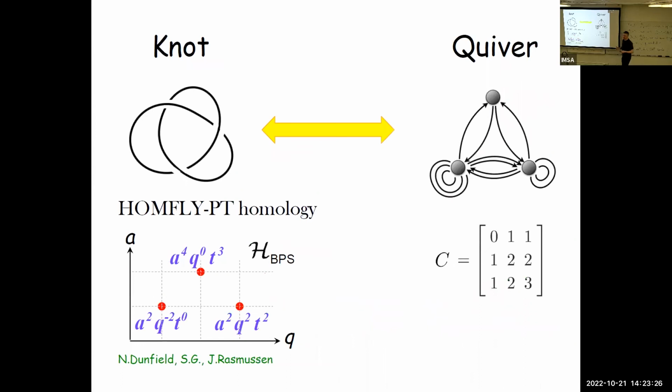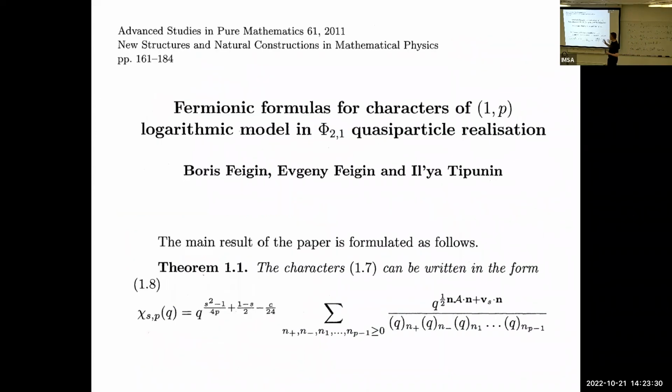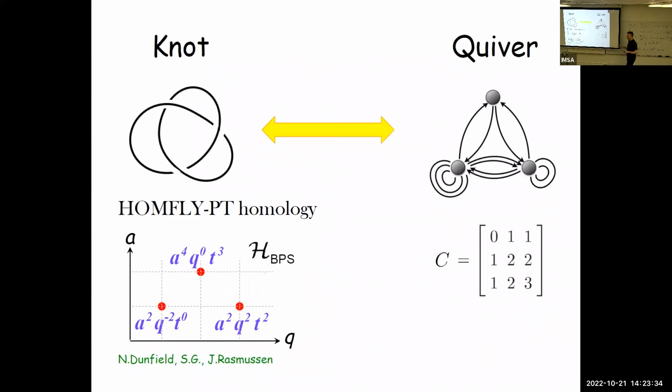But then, more recently, surprisingly, these kinds of sums, which we call fermionic sums, resurfaced in a different context. People who studied knot homology associated quivers to knots in some way.